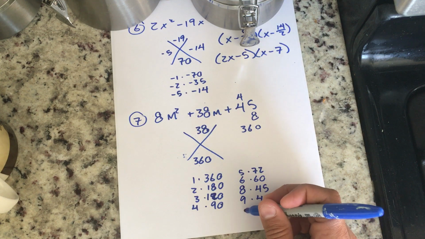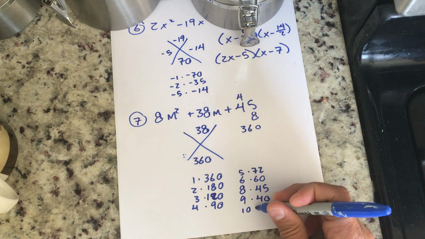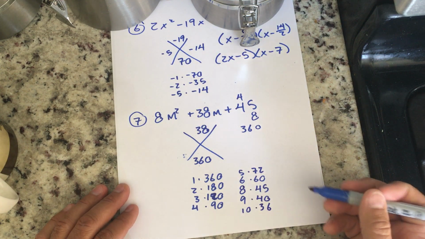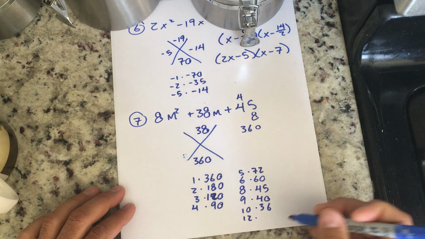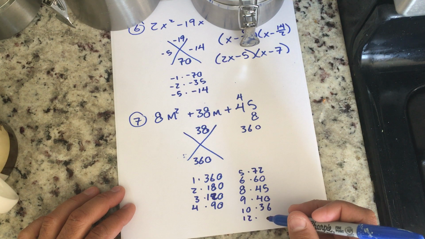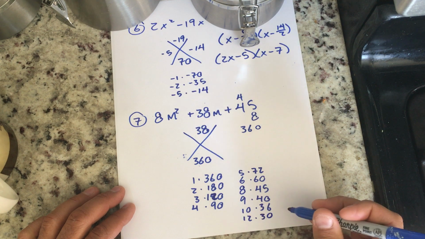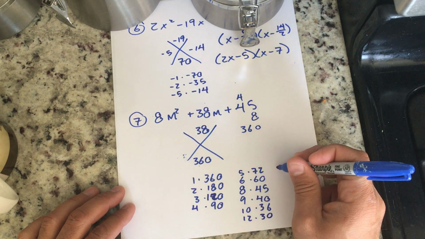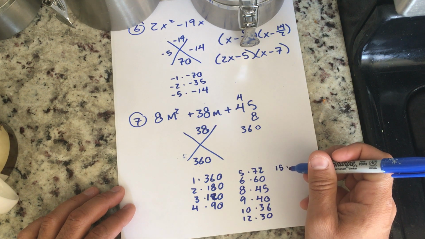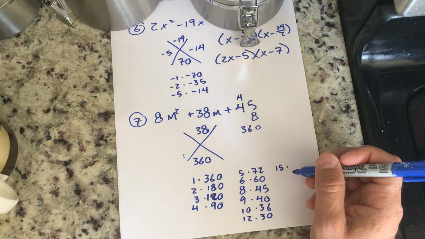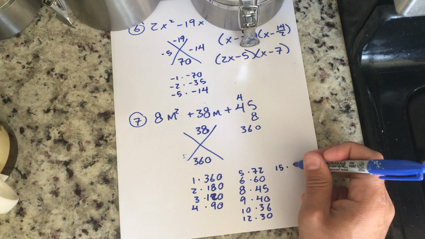That's not going to do it. 10 times 36, that's not going to do it. 11, no. 12, yes, 12 times 30. That's not going to do it. 13, no. 14, no. 15, yes. 15 goes in twice.